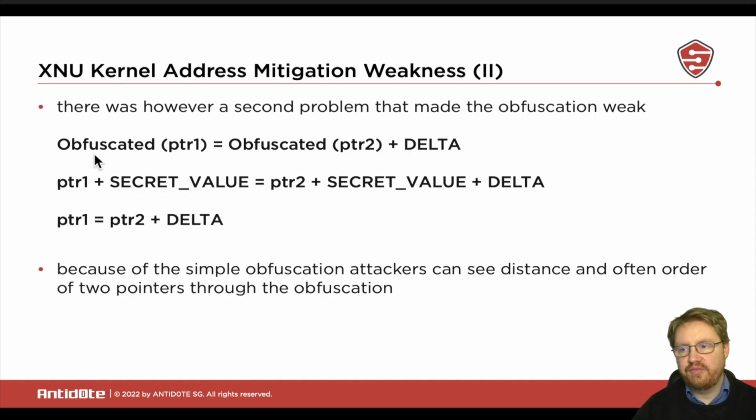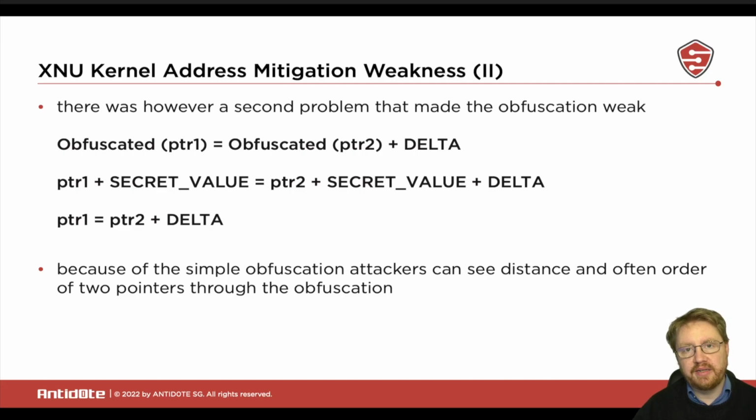So if you open up what the obfuscation means, you have pointer 1 plus the secret value equals pointer 2 plus the secret value plus the delta. That's just simple mathematics. Now, you can eliminate the secret value on both sides of the equation, and you realize that pointer 1 is equal to pointer 2 plus delta.